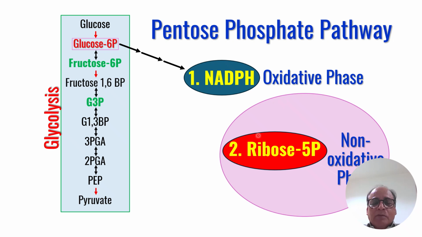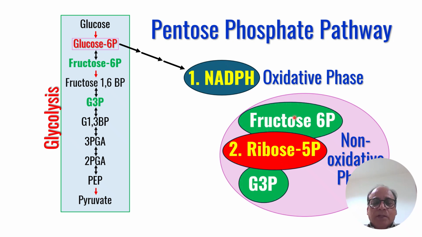However, excess pentose is also utilized in the formation of fructose 6-phosphate and glyceraldehyde 3-phosphate. They are intermediates of glycolysis and thereby they join the cycle and support energy metabolism. So in one way it is utilizing the intermediate of the glycolytic pathway, at the same time it is sending back the intermediate to glycolysis and supporting energy metabolism.